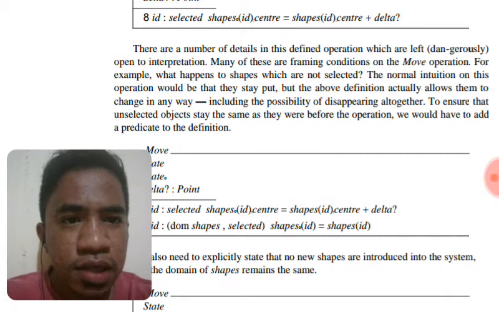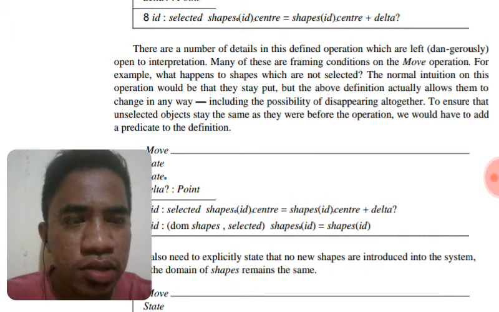For example, what happens to shapes which are not selected? The normal intuition on this operation would be that they stay put, but the above definition actually allows them to change in any way, including the possibility of disappearing altogether.